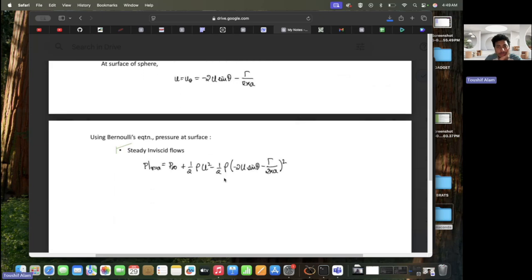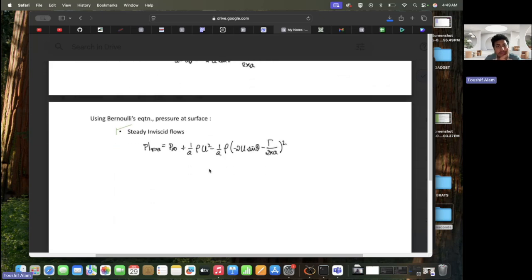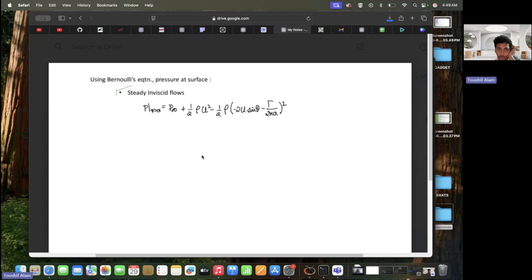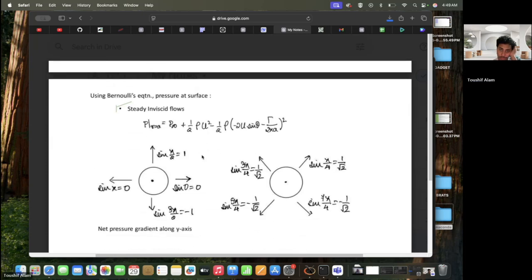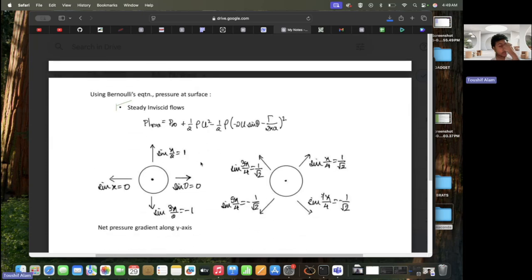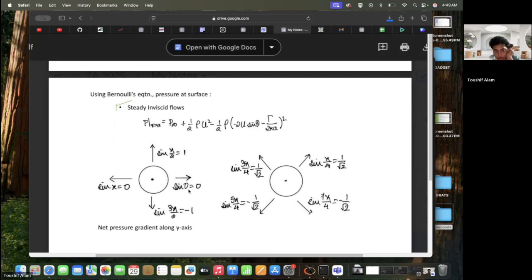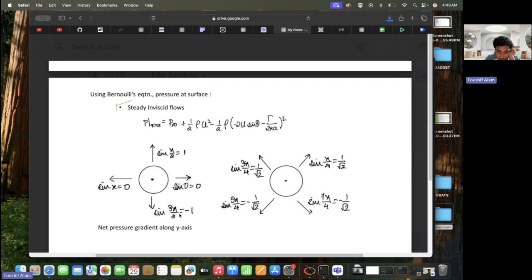Using Bernoulli's equation, the pressure at the surface, in inviscid flow, P at r equal to a will be P infinity plus half rho u square minus half rho times 2u sin theta minus gamma by 2 pi a, squared. Then this diagram shows you sin x: at 0, sin 0 is 0, and this is 3 pi by 2.